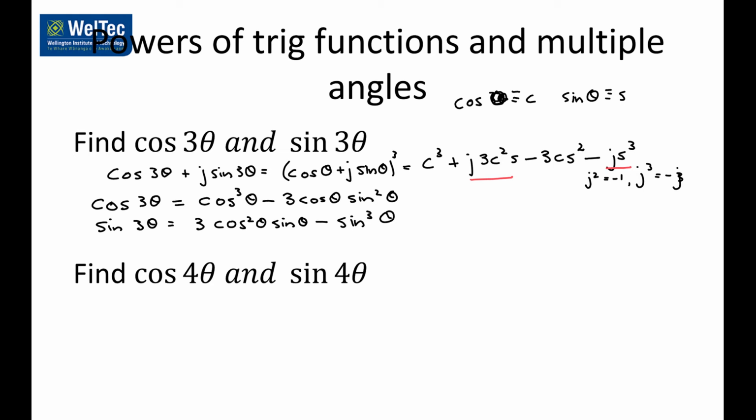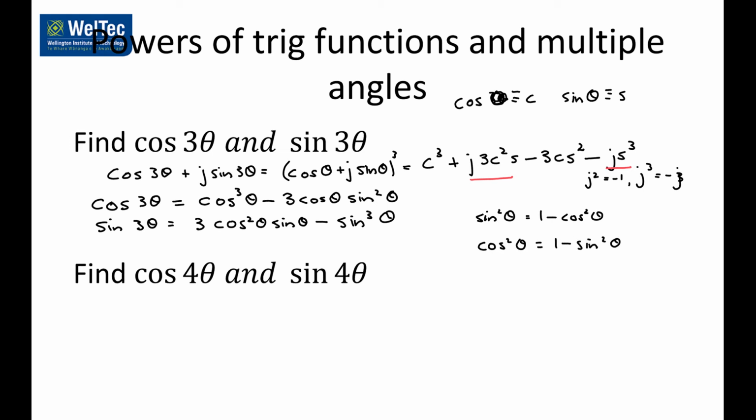Now we know that sine squared theta is 1 minus cos squared theta, and we know also that cos squared theta equals 1 minus sine squared theta.